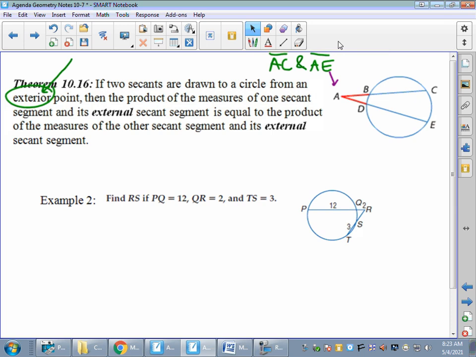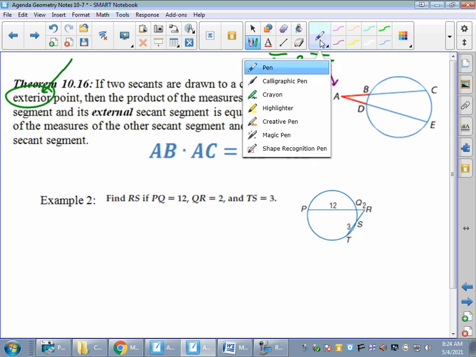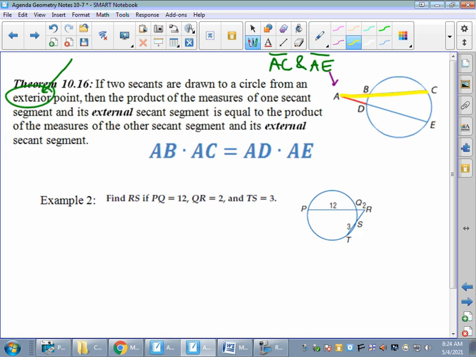Everybody's got that, right? Let's put this in normal terms. Just like we did on those chords, if I just look at this big secant, AC, what this theorem says is if you take the exterior part times the whole thing, that equals the other secant's exterior part times the whole thing.